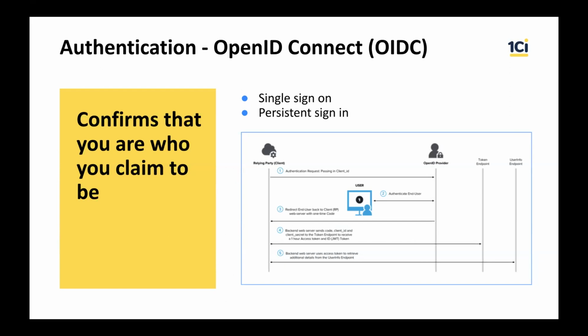So only one way. For example, we can use my Google account to connect to my application, and it will work, but we can't do it the other way around. We can't ask Google to use some account that's stored somewhere in a 1C:Enterprise application.